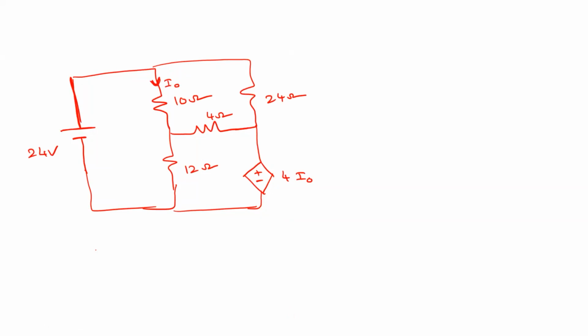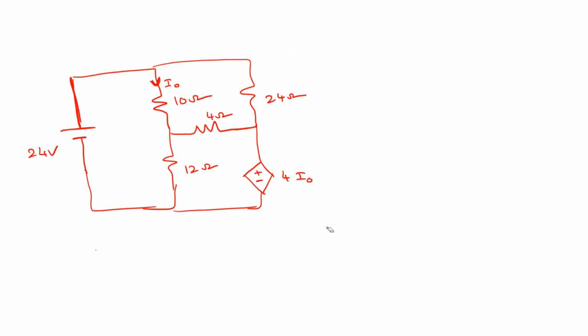So what kind of source is this? We have 4 classifications of dependent sources. It's a current controlled voltage source. For example, if this I naught magnitude is 10 amperes, then this value will be 40 volts, 4 into 10, 40 volts. Simple.